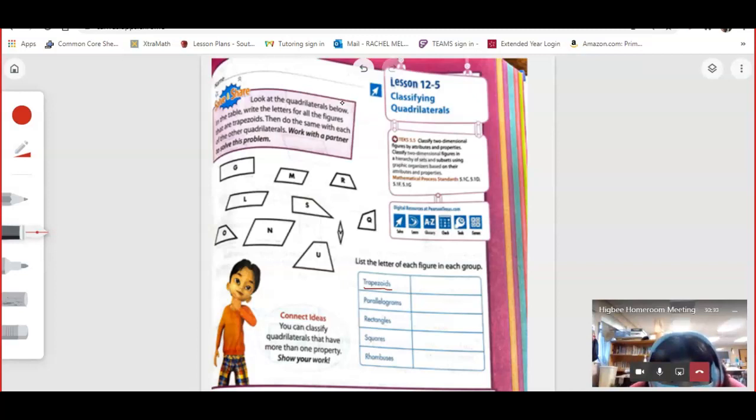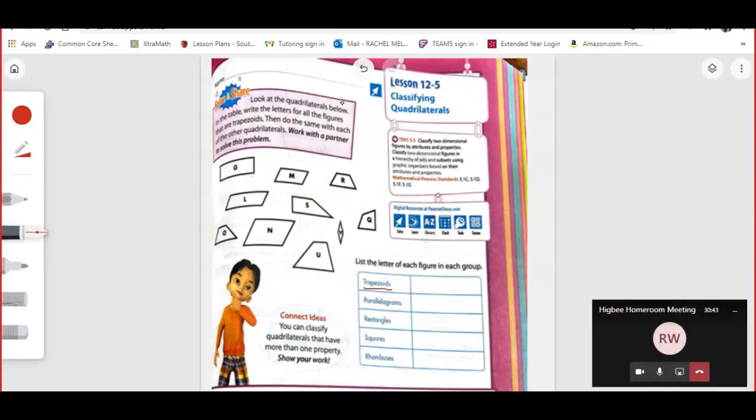Okay, so Kaya, what is a trapezoid? A trapezoid has only one pair of parallel sides.